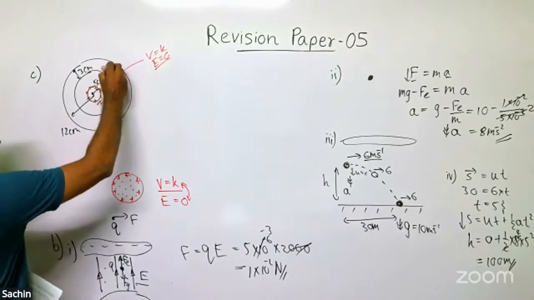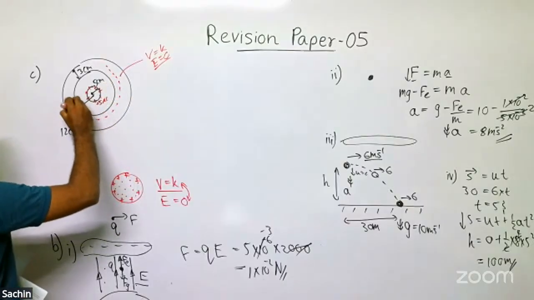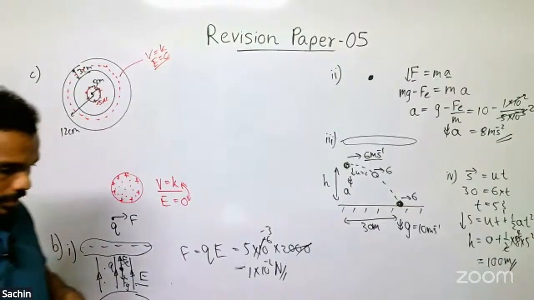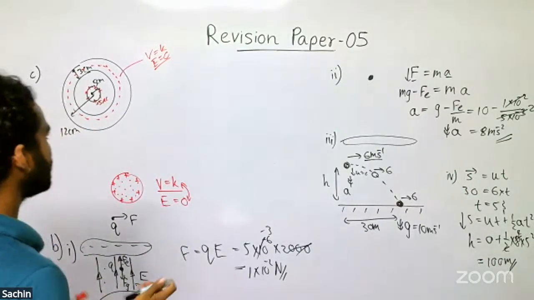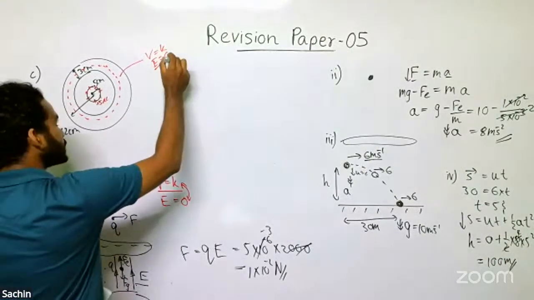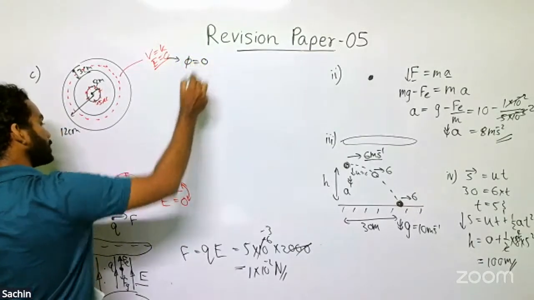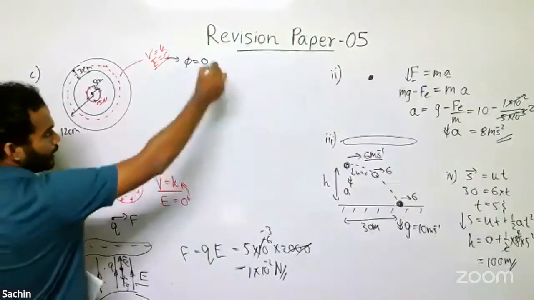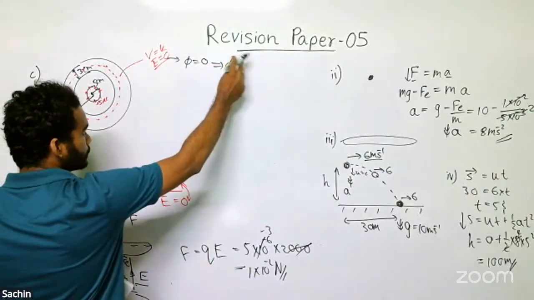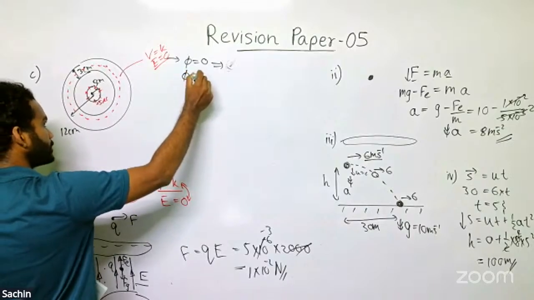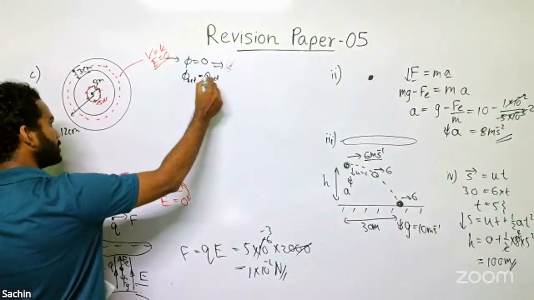If you consider a Gaussian surface inside the shell, to make the electric field 0, you have to make the flux 0. By Gauss's law, the net flux is given by the net charge divided by epsilon.